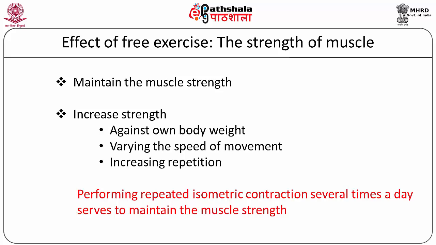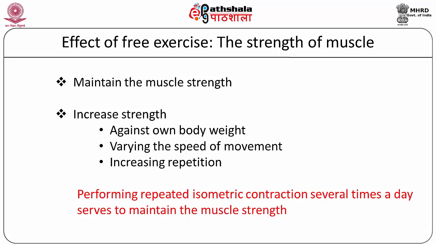The active contraction of muscle is the prerequisite for maintenance of muscular strength, power and endurance. Free exercise, by virtue of using active contraction, is capable of maintaining muscular strength. The increase in strength of muscle takes place when a muscle works against a resistance.